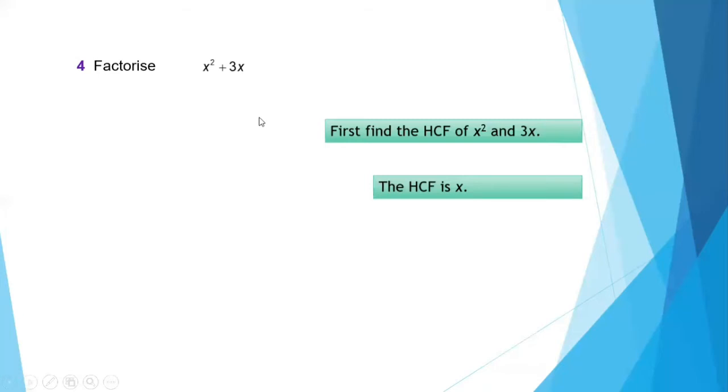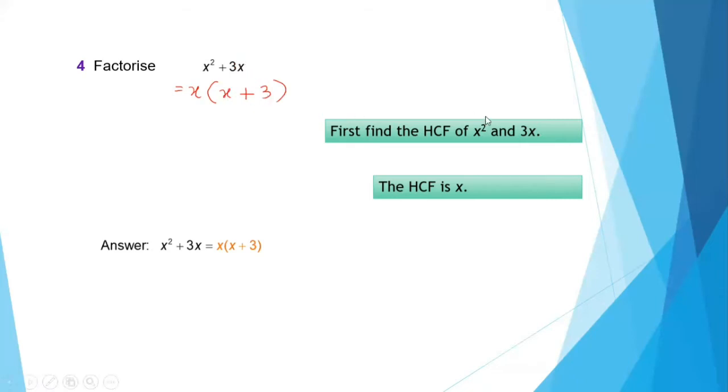Once the HCF is found, we take the HCF outside and whatever is left we put inside. x into what will give x square? x. The plus sign is there, so we put plus. If x has gone out of 3x, 3 is left. So the factors of x square plus 3x are x in bracket x plus 3, or x and x plus 3 are the factors.